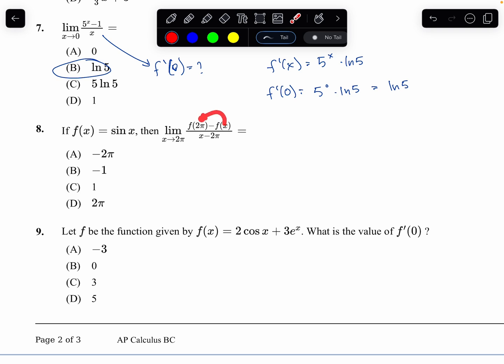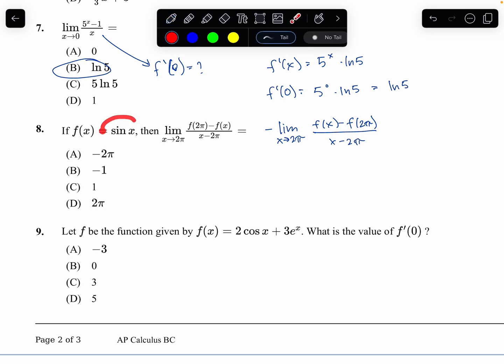So to make this first, we're going to have to take out a negative. Now, I'm going to put the negative on the outside of the limit. You can do that. So that's negative limit as x approaches 2 pi of f of x minus f of 2 pi over x minus 2 pi.